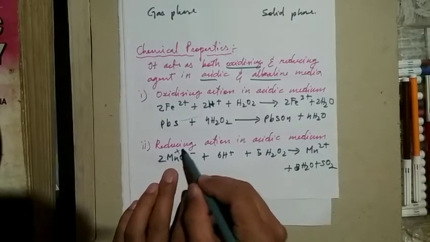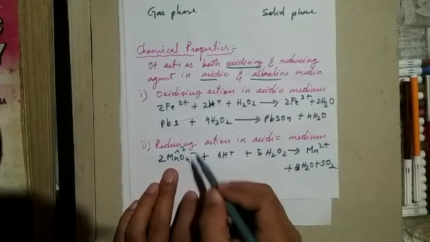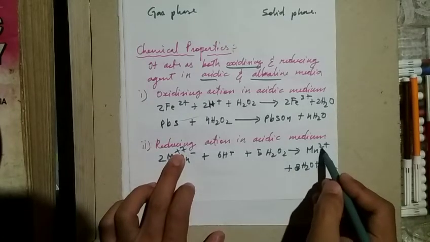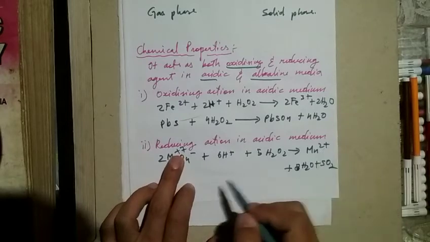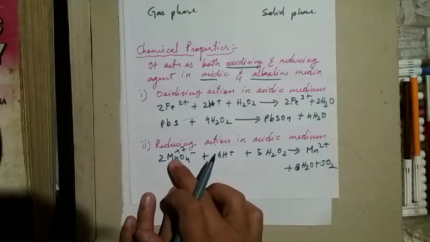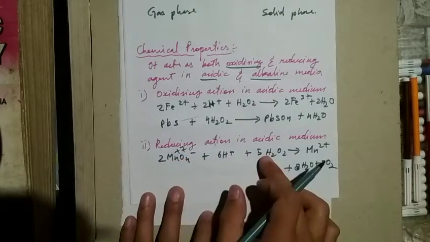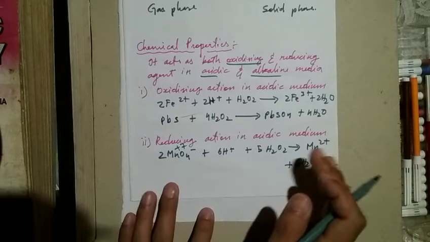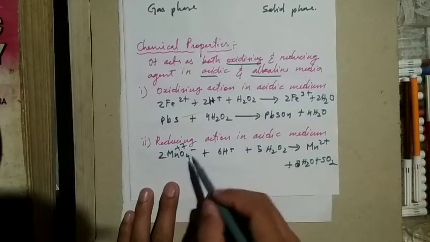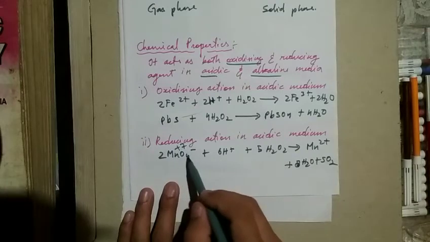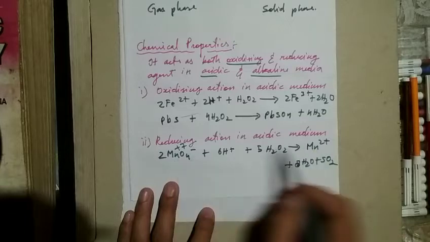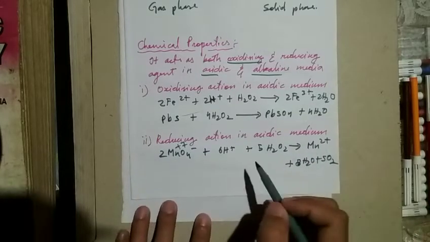Here Mn is in +7, and its oxidation state changes to +2. If the oxidation number decreases, that means reduction takes place. So MnO4- is reduced to Mn2+, a metal ion.